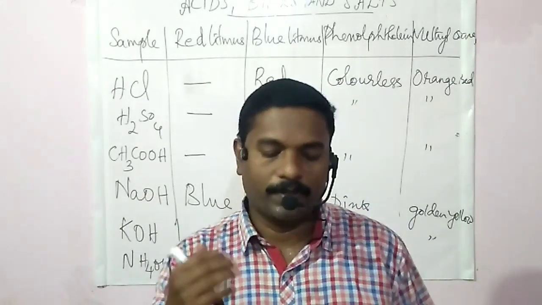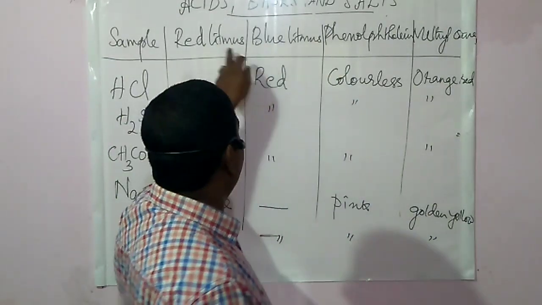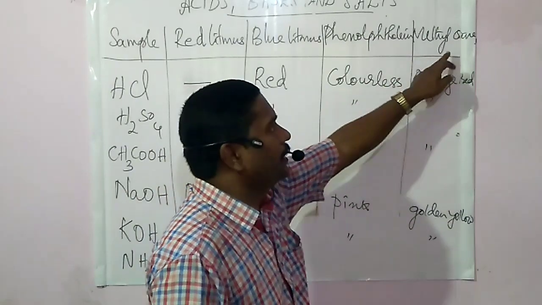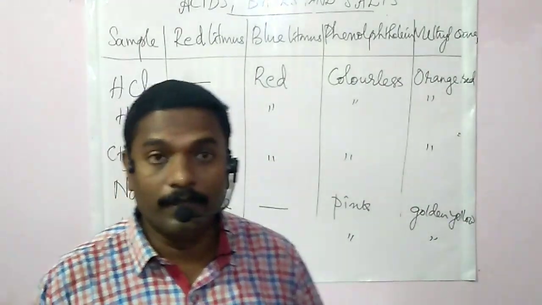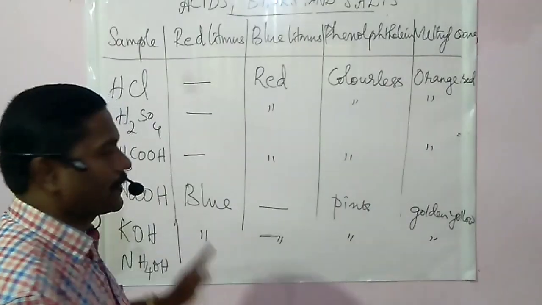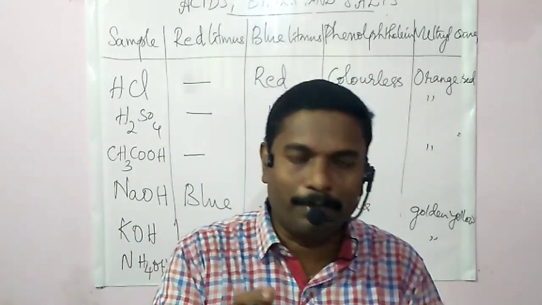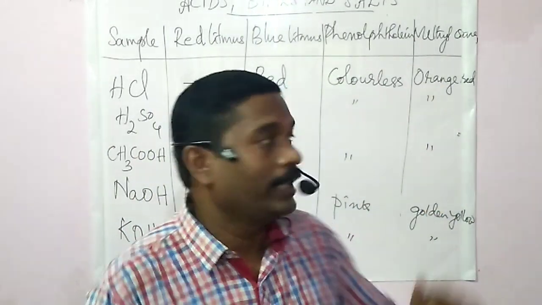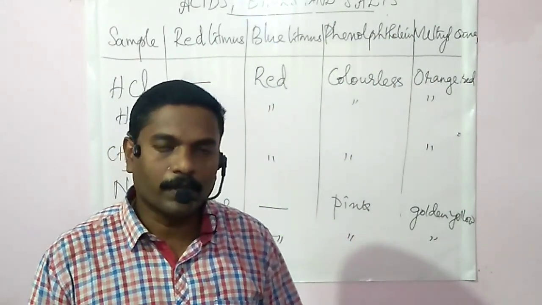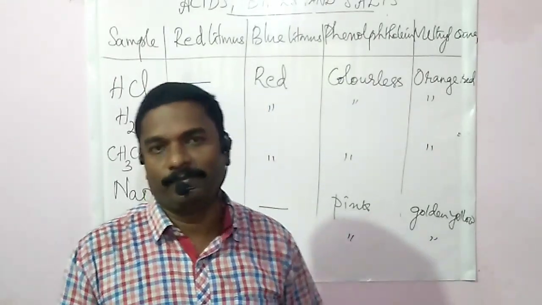Substances like red litmus, blue litmus, phenolphthalein and methyl orange give different colors for acids and bases. So acids and bases are identified by the change in color of these substances. These substances are called indicators.